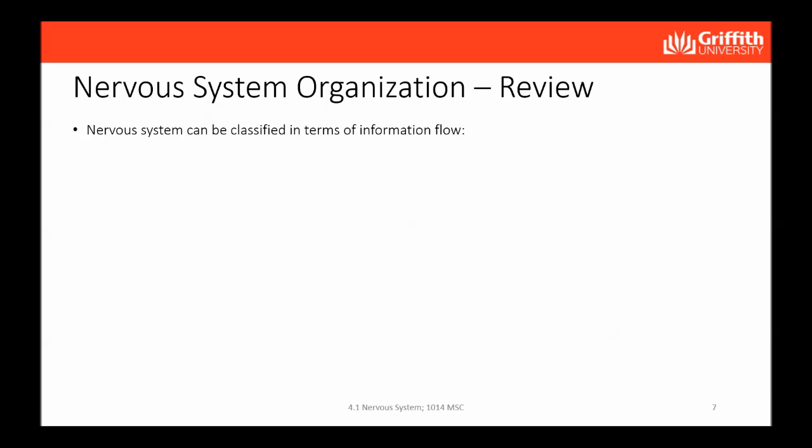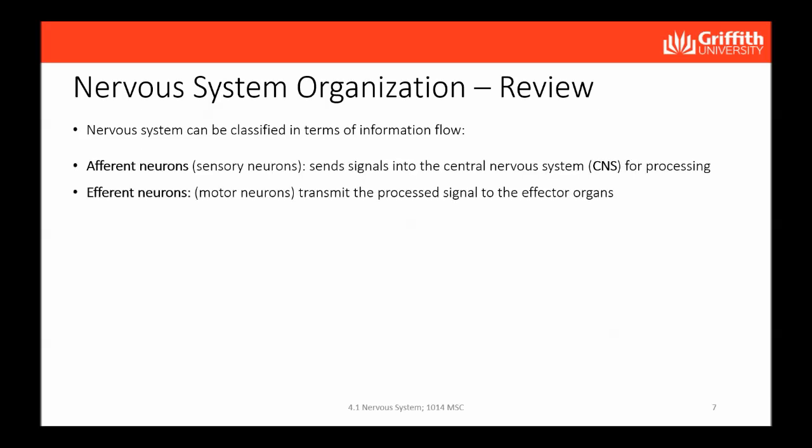This slide is a review of the organization of the nervous system. The nervous system can be classified regarding information flow. Afferent, or sensory neurons from various parts of the body, send signals to the central nervous system for processing. Efferent, or motor neurons, then transmit the processed signals to the effector organs.